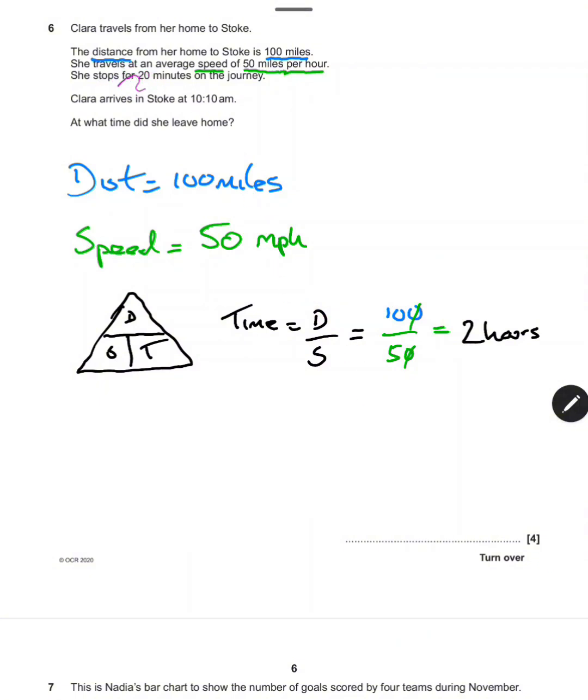Now I'm going to go back to the question and look at this stopping for 20 minutes and arriving in Stoke at 10 past 10. So what we've got to do is work backwards to when she left home.